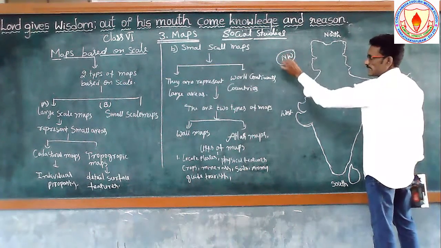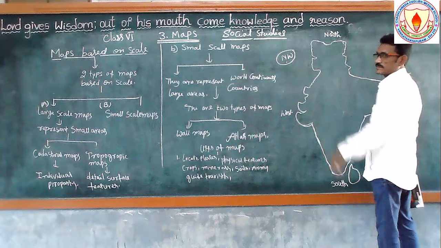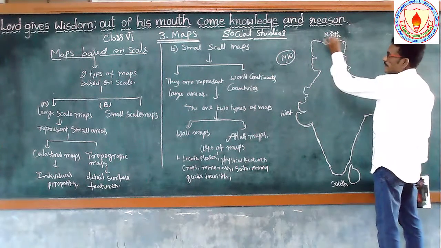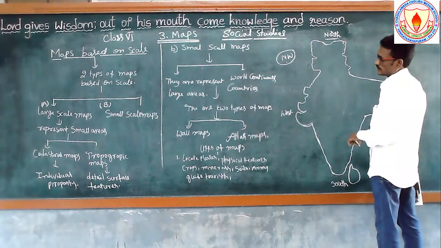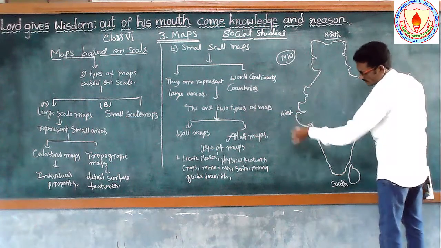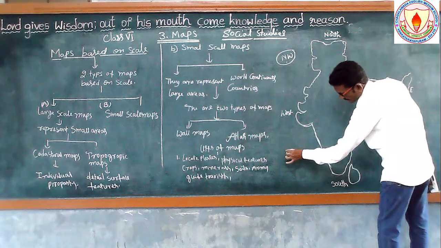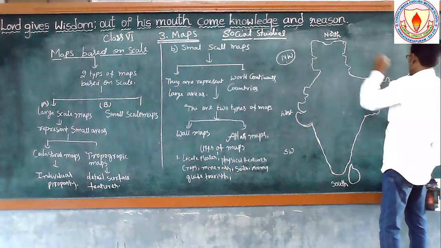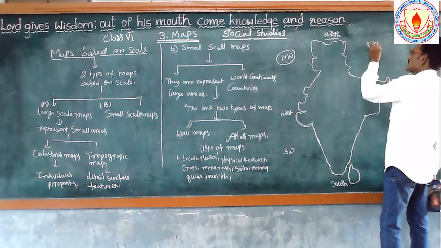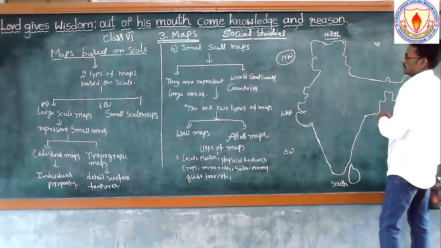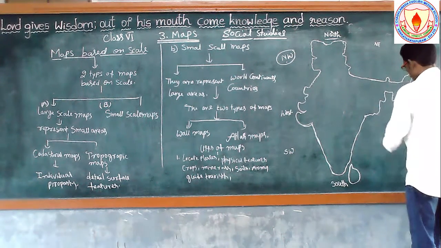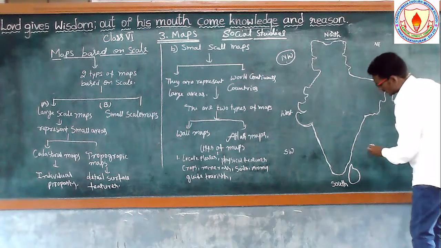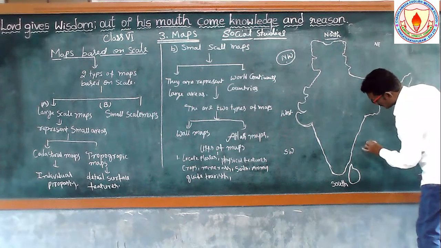This is an intermediary direction. This is a main direction. Next, between west and south, this is the southwest direction. Between north and east, this is the northeast direction. Like that, between east and south, this is the southeast direction.